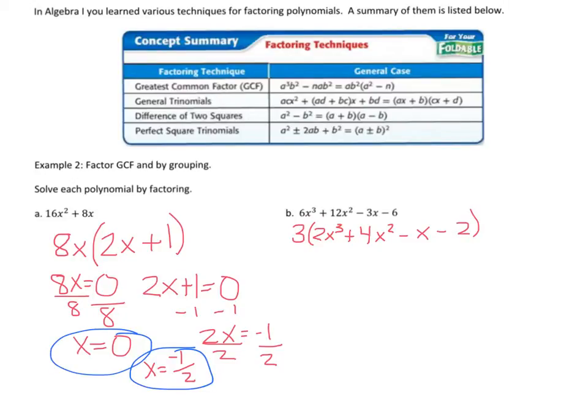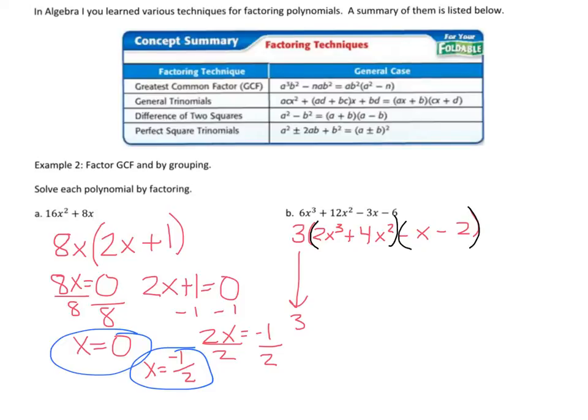And from here, I want to see, can I do anything else to this? So I'm going to go ahead and try grouping. So I'm going to go ahead and just take my 3 down here for now. And I'm going to want to group my first two pieces together and my second two pieces together.